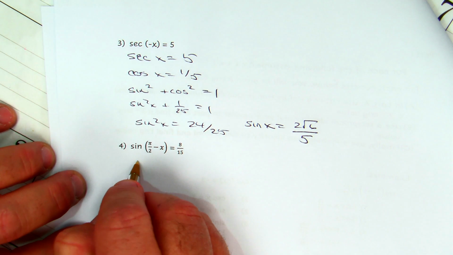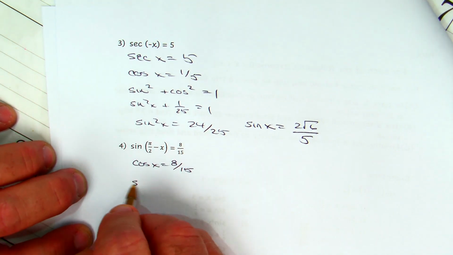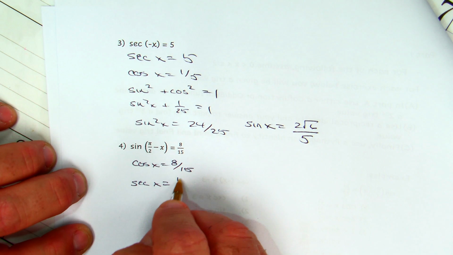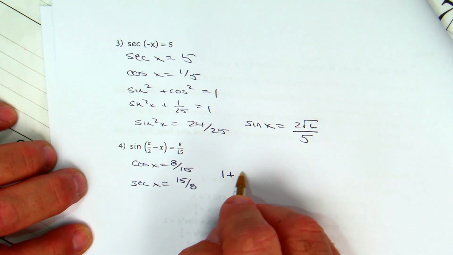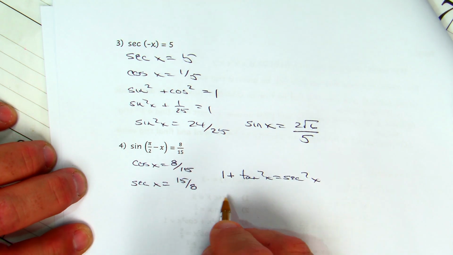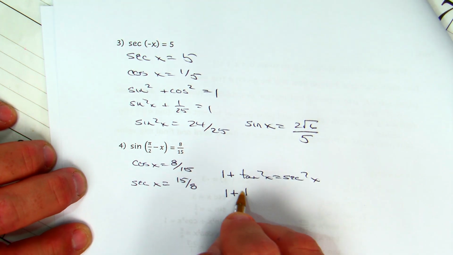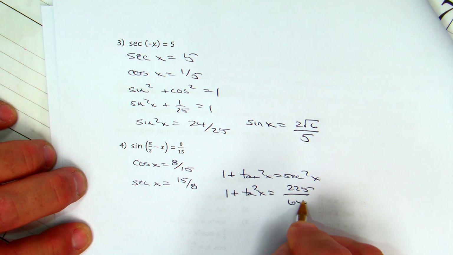So then that would make cosine x for this one 8 over 15, which would make secant x 15 over 8, which would make 1 plus tangent squared x equal to secant squared x. 1 plus tangent squared x equals 225 over 64.